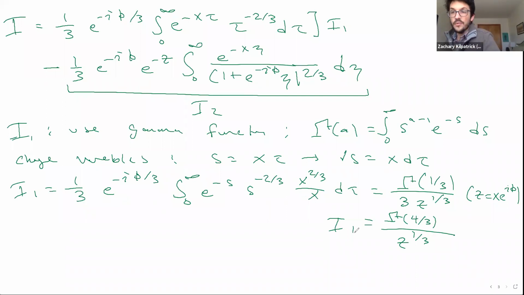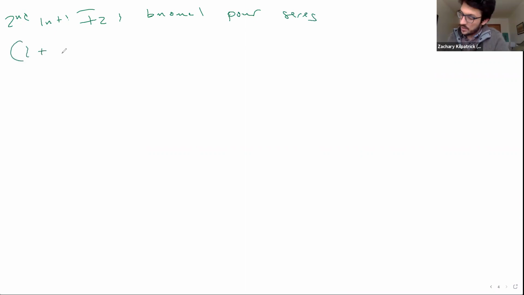We can do the second integral, I2, using power series approximation, and in particular, we're going to use a binomial power series, and that allows us to write (1 plus e to the minus i phi eta) to the minus 2/3, making sure I don't mess up a minus sign there, as this infinite sum now.